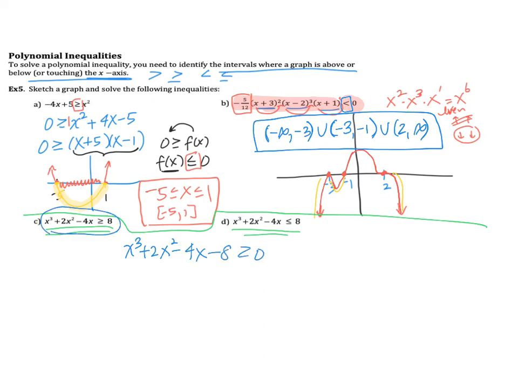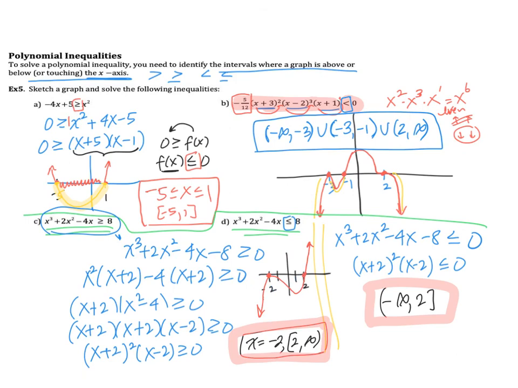I'm going to do this one first, but I'm going to have that same factoring question over on letter D. It's just I changed the inequality sign, so it's x cubed plus 2x squared minus 4x. I move my 8 over, but now it's less than or equal to 0. So factor by grouping, see how you do, sketch the graph, compare with this video as soon as you're done.